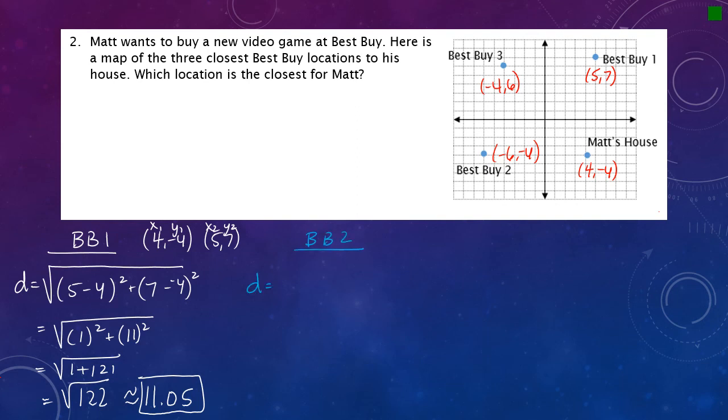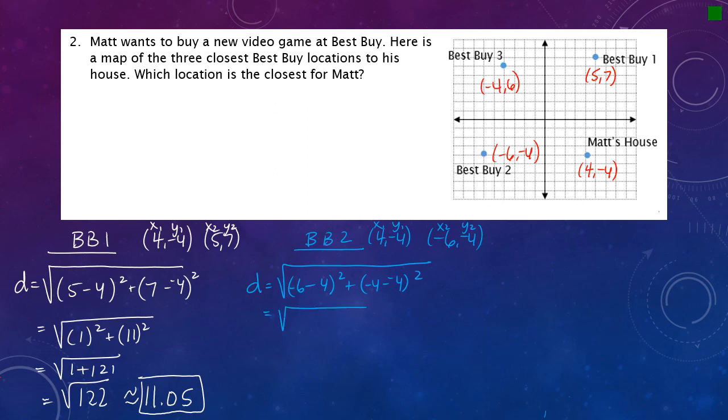So same thing. Now we need Matt's house, which is (4, -4), and Best Buy 2, which is (-6, -4). So I'm going to set up my formula. All right, and then I'm going to label my points x1, y1, x2, y2. So I have -6 minus 4. And then my second set of parentheses would be -4 minus -4.